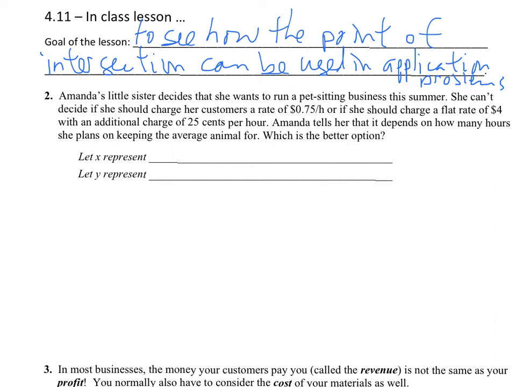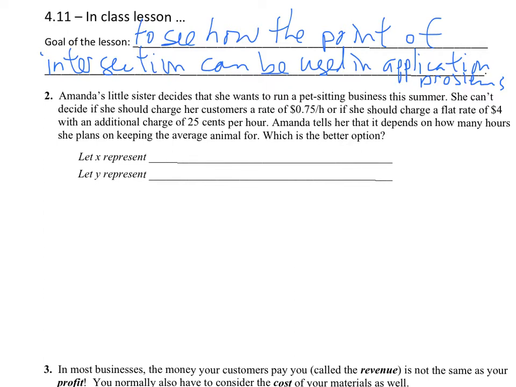She's thinking that she might charge 75 cents per hour per pet sitting. I know that sounds like not much, but maybe she can get 15 pets in her backyard, so she's making a lot per hour. Maybe they amuse themselves and she sits in the sun and listens to her music. Well, these dogs and cats run wild and chew each other up.